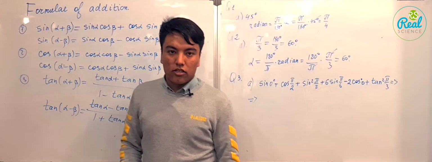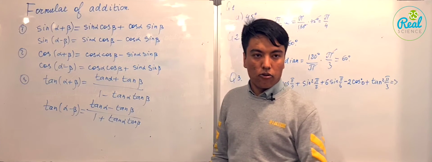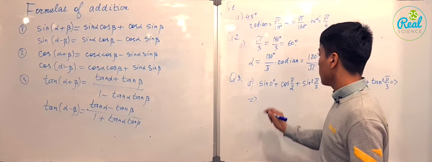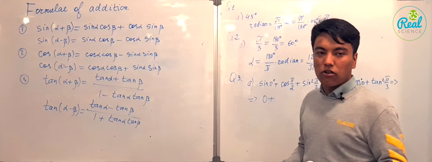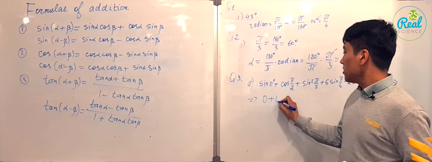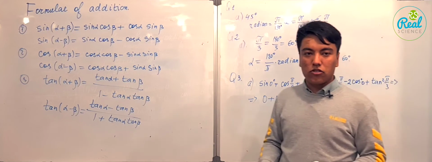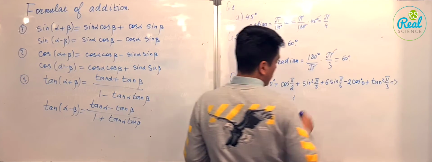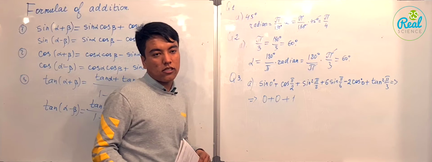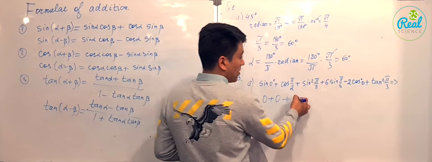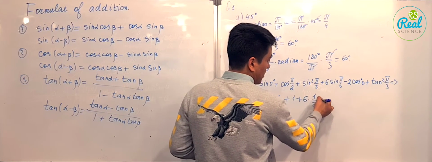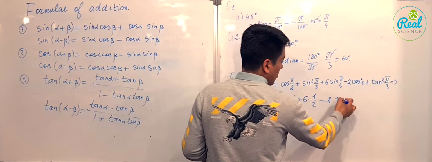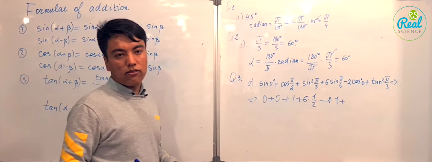So what is the value of sine 0? We did this in the beginning of the lesson as well. It's 0. And what is the value of cosine pi over 2? 0. What is sine pi over 2? It's 1. And what is the value of sine pi over 6? 1 over 2. What is the value of cosine 0? 1. What is the value of tan pi over 3?